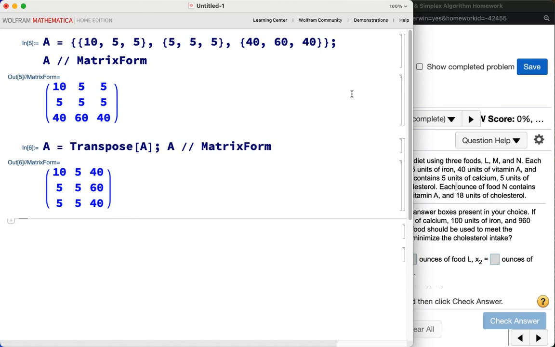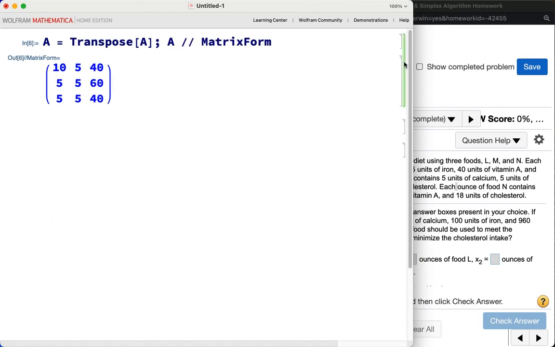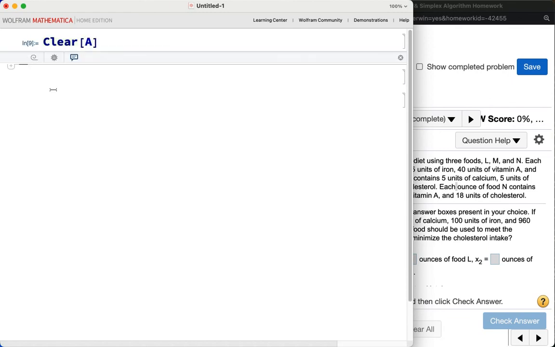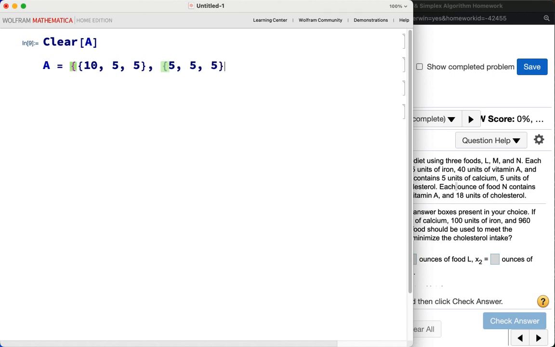This is going to get a little confusing. Let me clear A. Let's just start over. Okay, clear A. So A is equal to 10, 5, 5, 5, 5, 5, 40, 60, 40, matrix form.